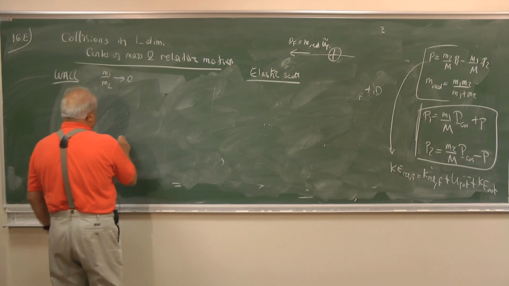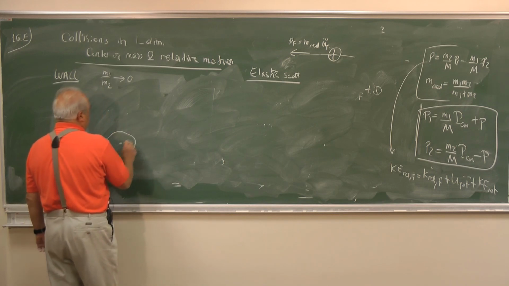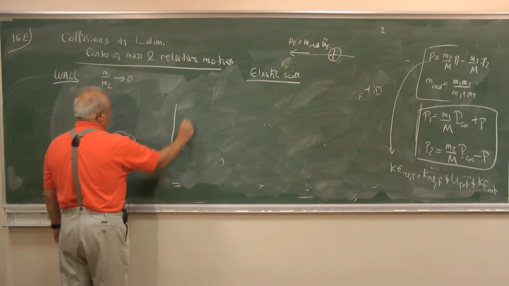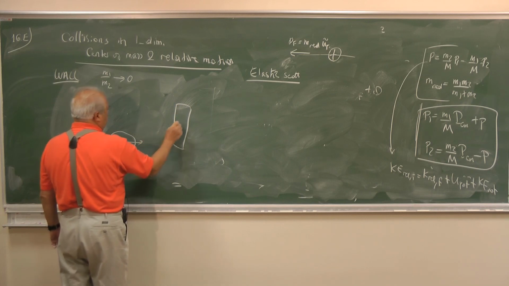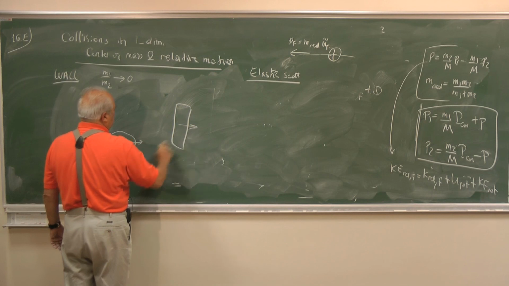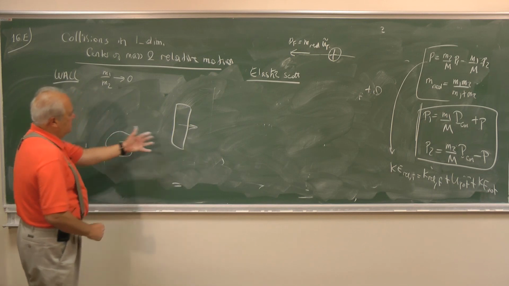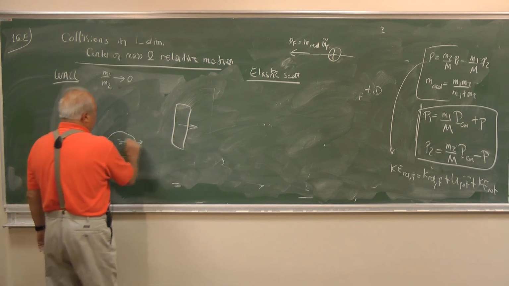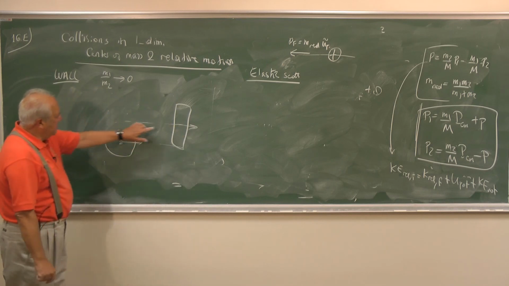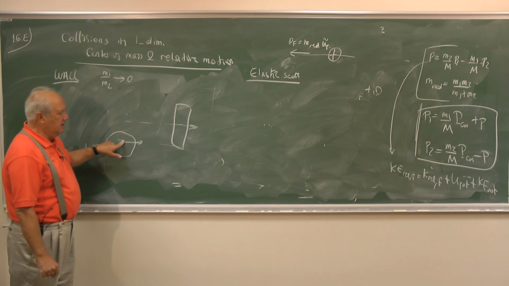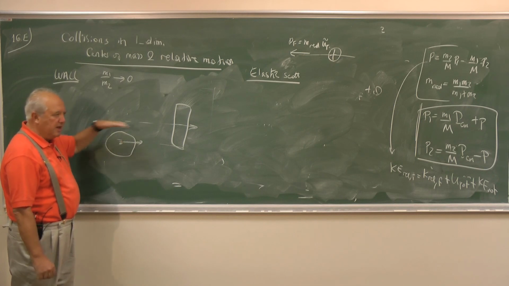So, for example, we may have two objects. This may be going this way. This may or may not go. This may be going that way. If this one catches up, their centers of mass are moving in parallel lines. They are not on the same line.